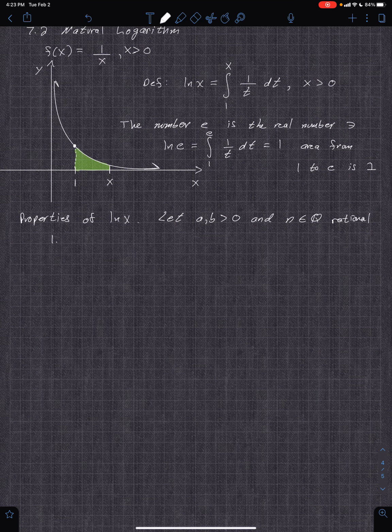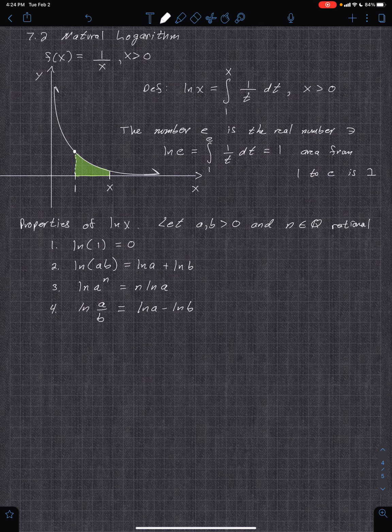So here are all the properties. 1, ln 1 is equal to 0. 2, ln AB is equal to ln A plus ln B. 3, ln A to the n is equal to n times ln A. And 4, ln A over B is equal to ln A minus ln B.